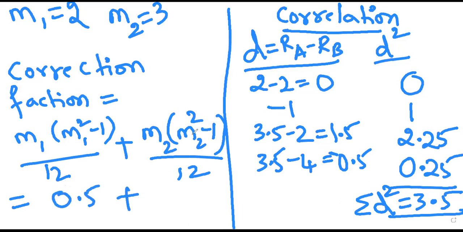And M2 into M2 square minus 1, I believe it is 2.5.